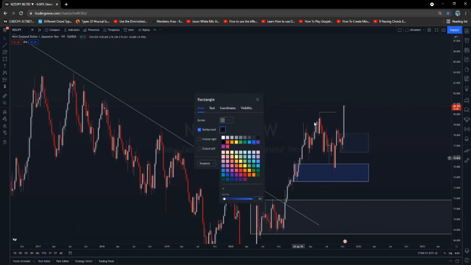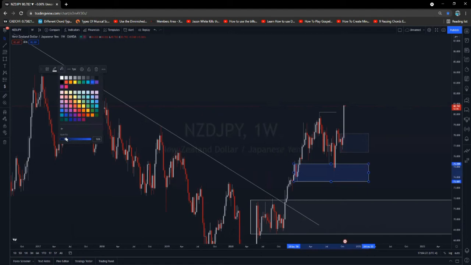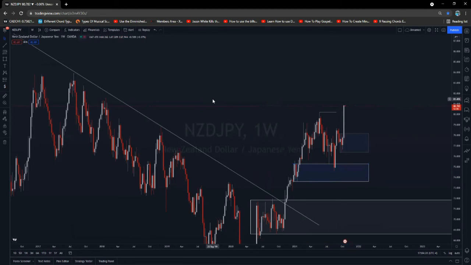Remember, with the market, you don't always have to rely on how a certain pair should look according to the textbook, which is why even when I was doing that series on support and resistance, I emphasized a lot that you need to take your thinking away from, okay, this is how it's supposed to look according to the textbook. Because more often than not, we are more concerned with behavior.